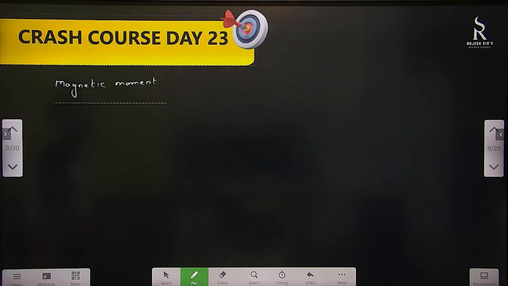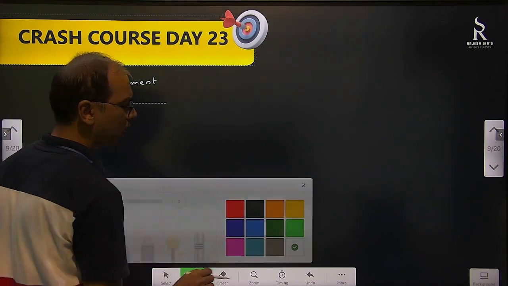Okay, let's see then what it is. Magnetic moment. Okay, what is magnetic moment then? The magnetic moment concept is very similar to dipole moment.